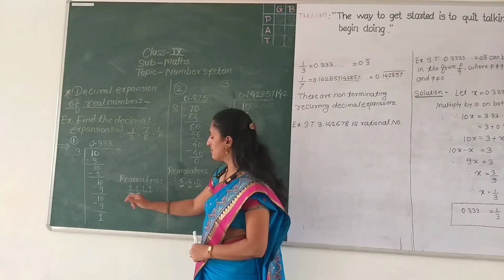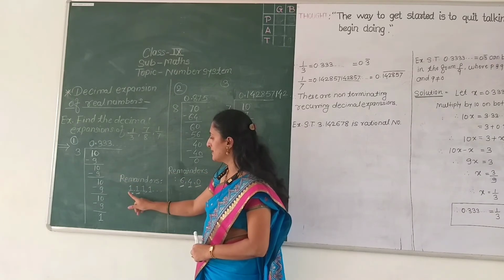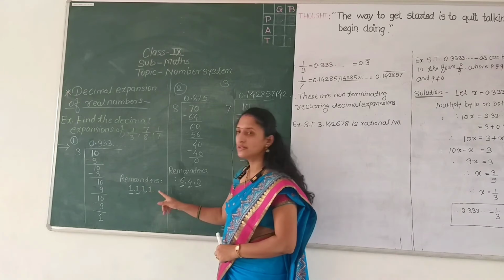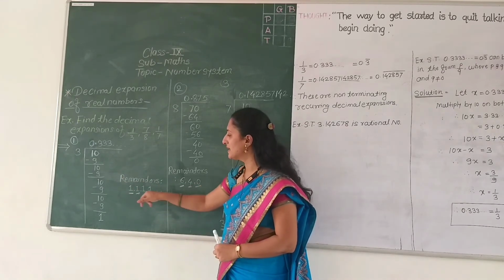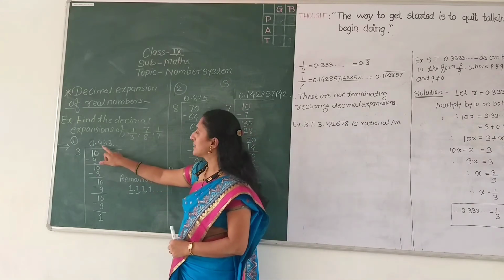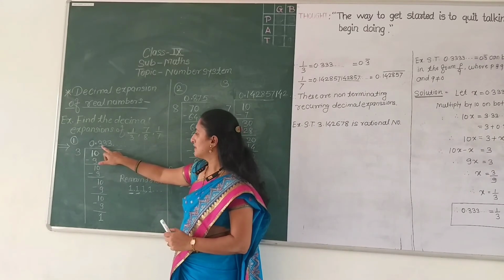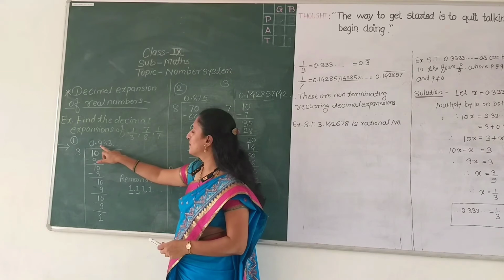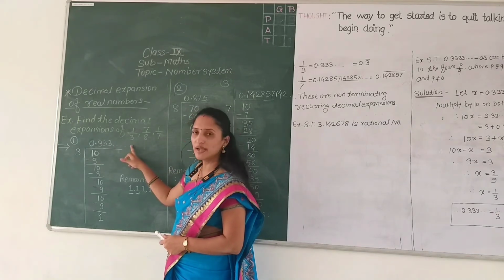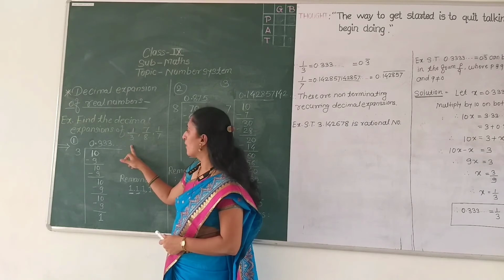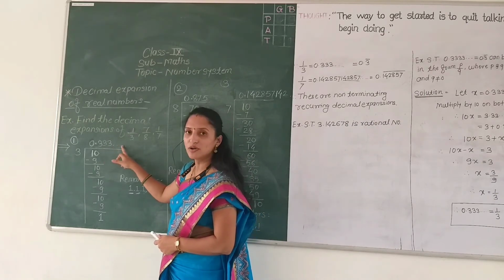In the first example we get the same remainder 1, 1, 1, 1, 1, 1. That means the remainder repeats. If the remainder repeats, then we get a repeated block of digits in the quotient.